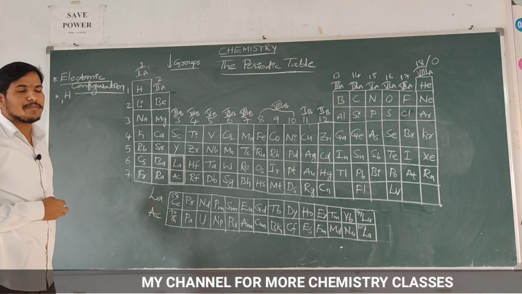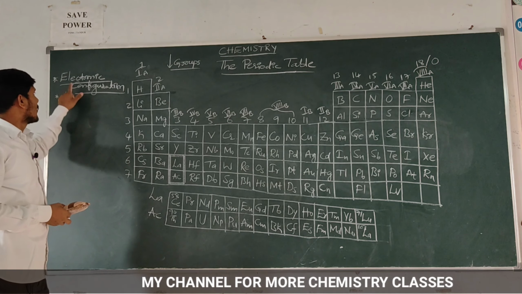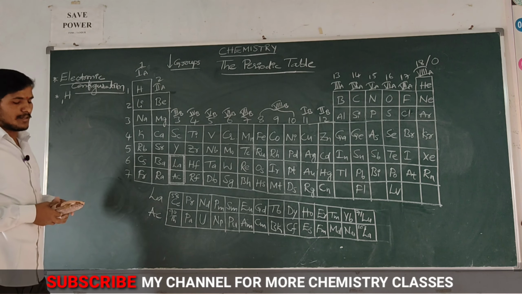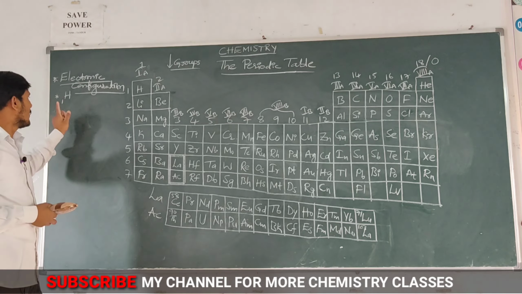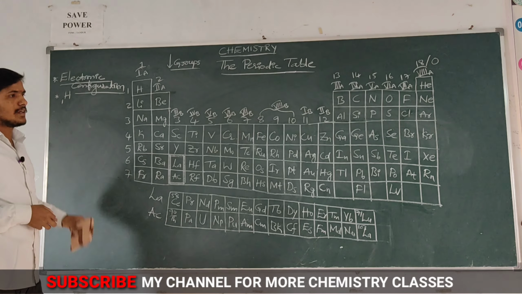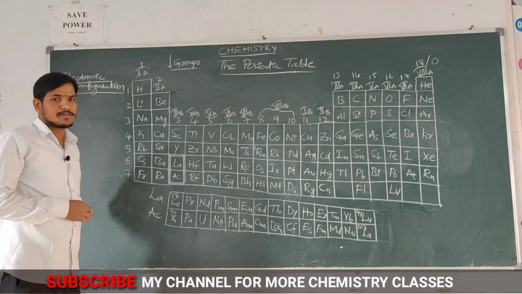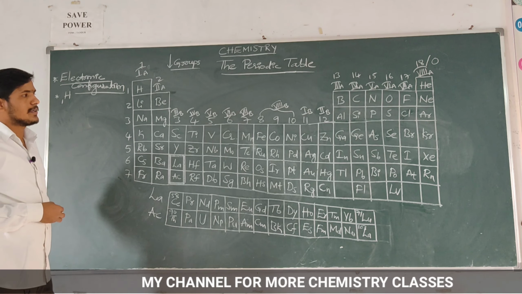The distribution of electrons into different orbitals is called electronic configuration. When the differentiating electron enters into different orbitals, based on that the elements in the periodic table are classified into 4 types: s block, p block, d block and f block elements.